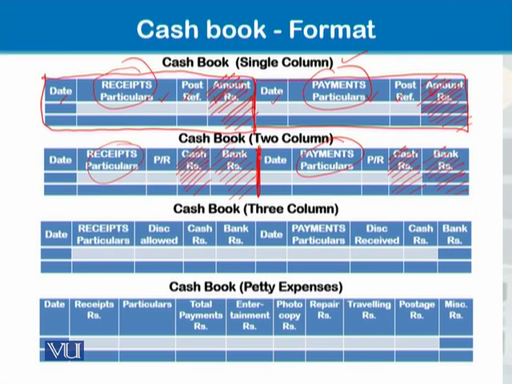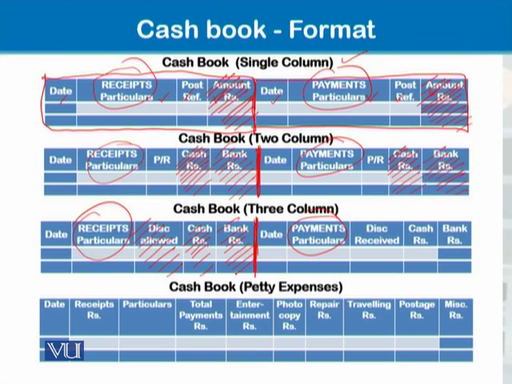Let's discuss the three column cash book. This is the dividing part. On the left side this is receipt and this is the payment side. The receipt side has three columns: discount column, cash column, and bank column.